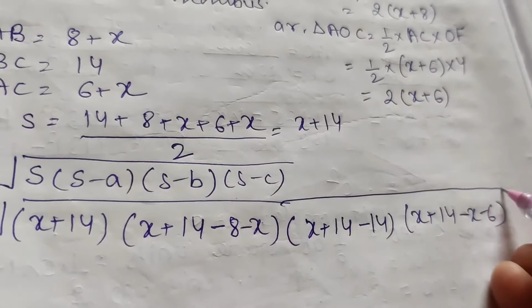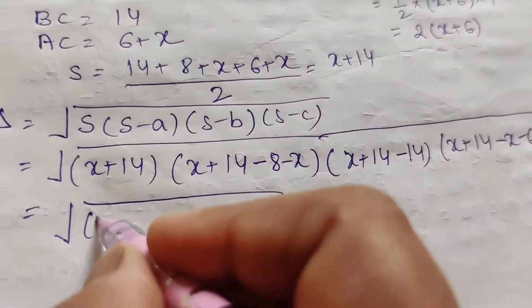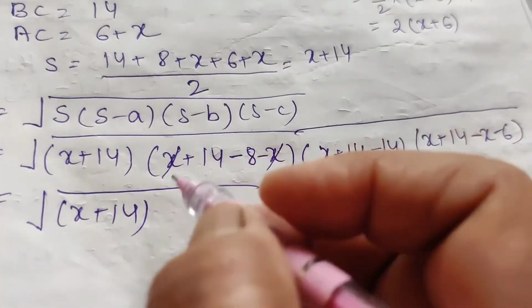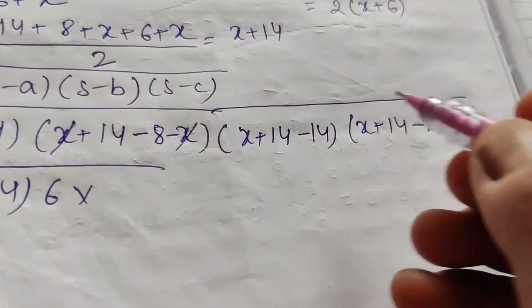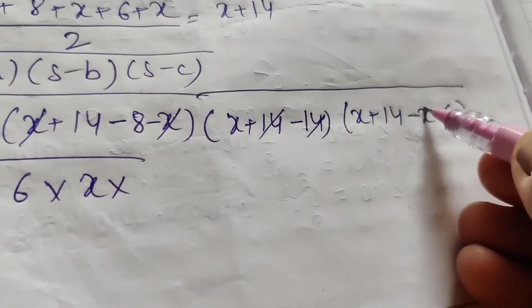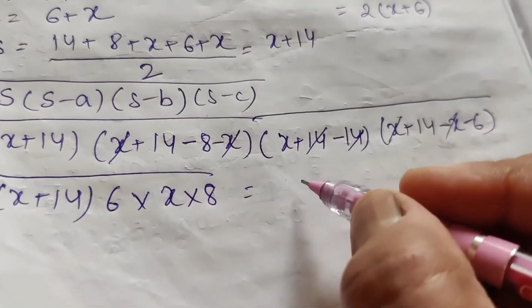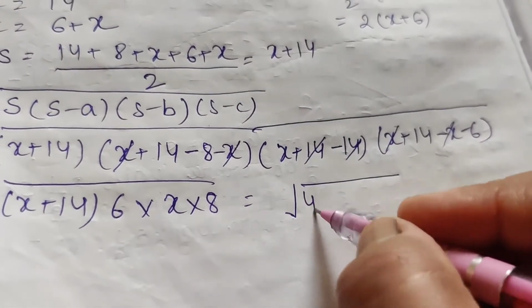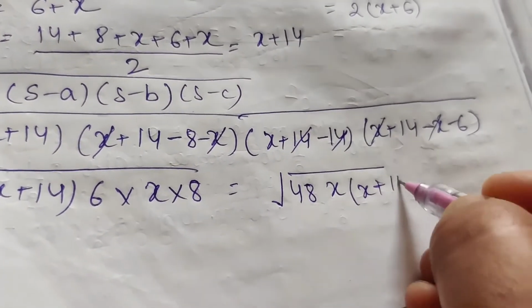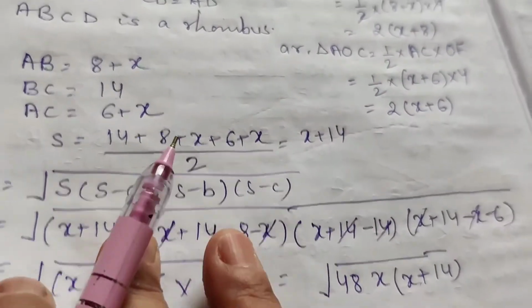Okay. Now x plus 14, x cancels, only 6. 14 cancels, x. And 14 minus 6 is 8. It means under root 48 x into x plus 14.